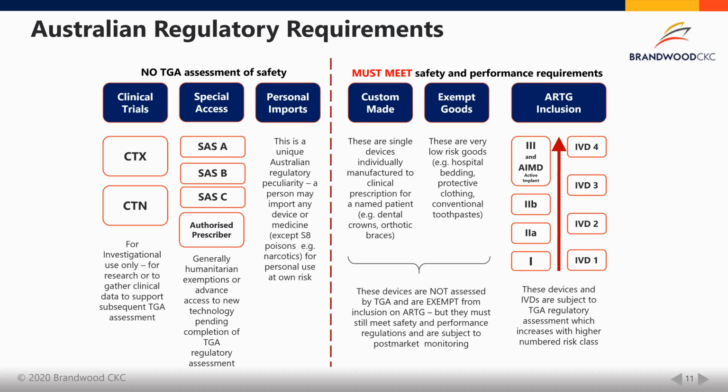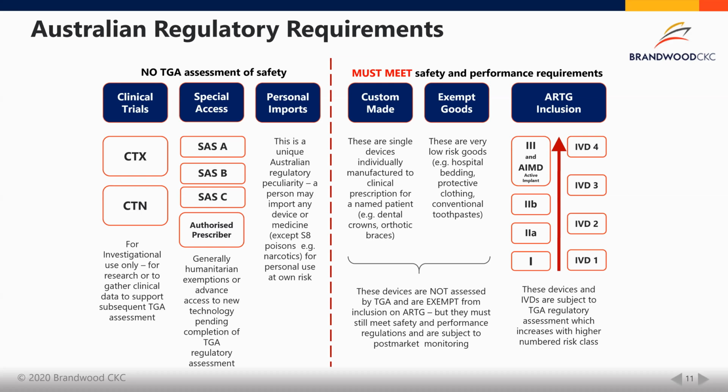Special access is a way for surgeons to get access to medical devices that are not approved in Australia. And clinical trials, self-explanatory. If you're bringing devices in for trials, then these are the pathways you'd look at. To the right are devices that must meet performance requirements.